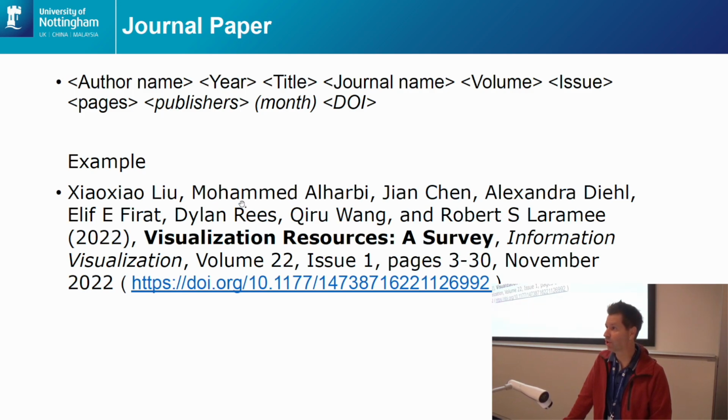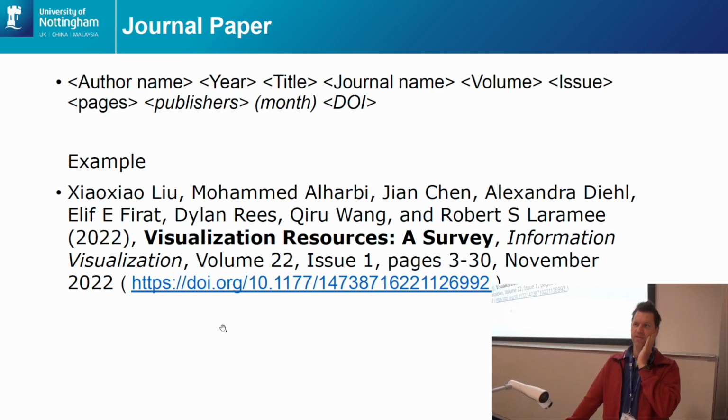When you cite a journal paper, you need to provide the author names, the year, the article title, the journal name, the volume, the issue, pages, publishers, and month. So here's an example of a journal citation. It has the author list, the title of the paper, the name of the journal, the volume number, the issue number, the pages, and the year and the DOI.